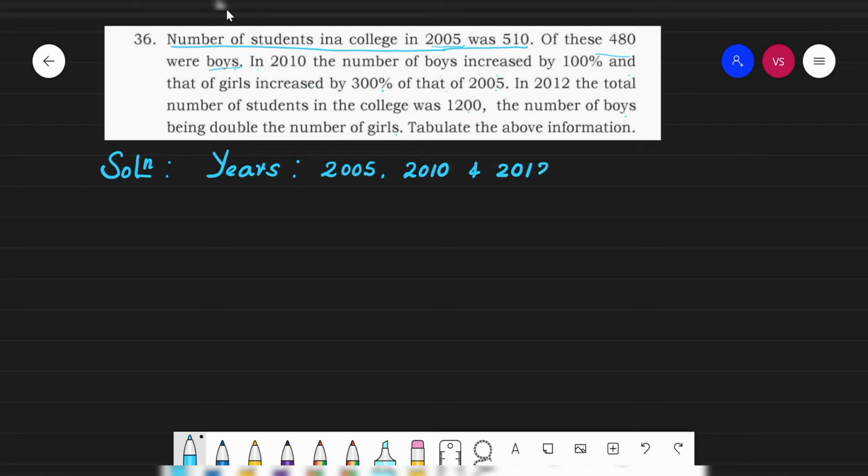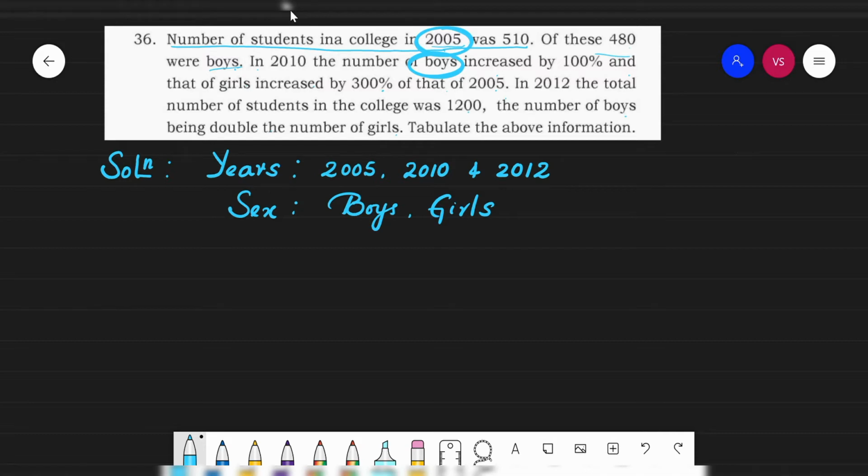Then they spoke about the sex, that is boys, and obviously there will be some girls. Apart from this, do you see anything here? Years and sex. We have to classify the data according to the year and according to the sex. That's it. Apart from that, you don't have anything else.